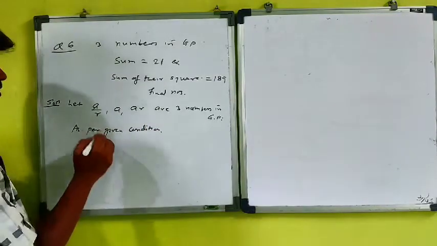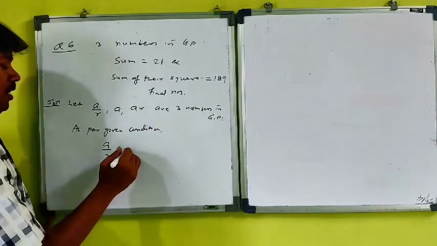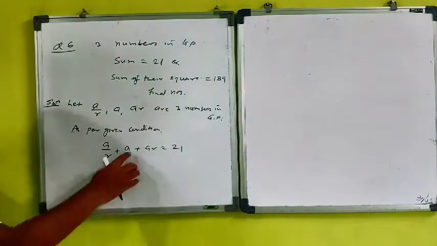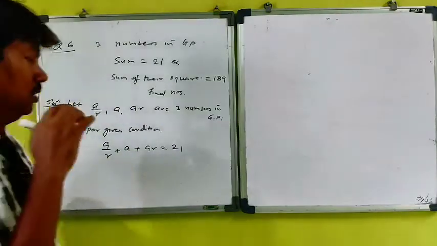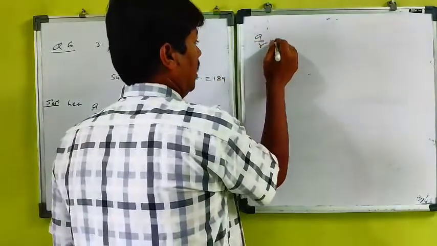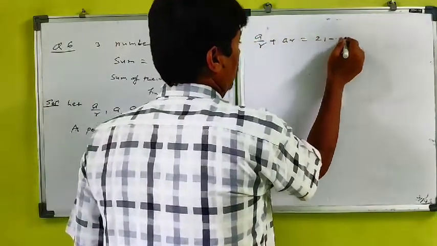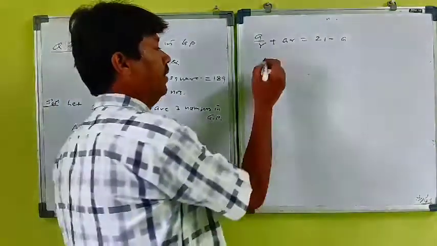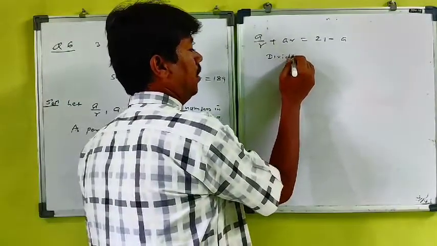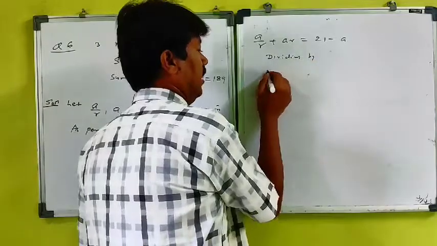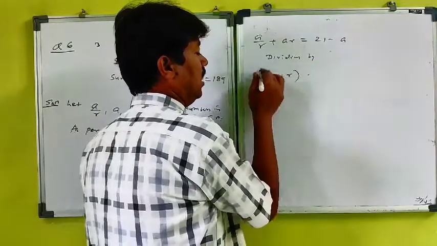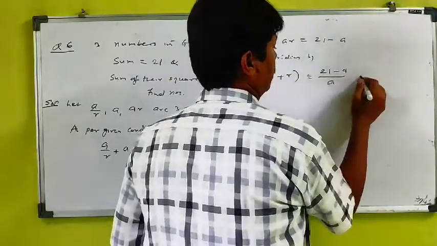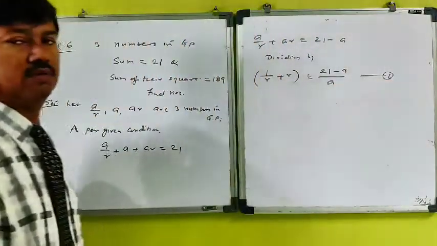The sum of these is given as 21. So A by R plus A plus AR is equal to 21. Dividing by A, 1 upon R plus 1 plus R is equal to 21 upon A. That is the first equation.